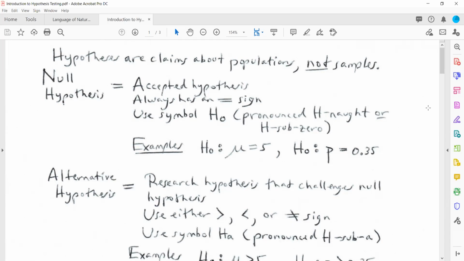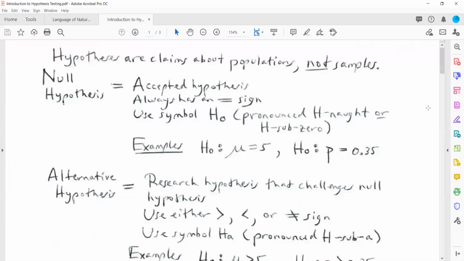Now, hypothesis tests really go the other way around. Somebody has proposed sometime in the past a value for a population parameter such as a mean or a proportion. And this is sort of accepted, and we call that the null hypothesis. The null hypothesis is just somebody's estimated value for an unknown population parameter, such as a mean or proportion.